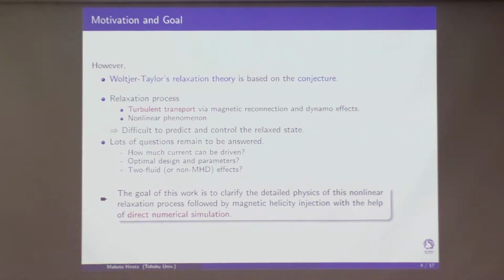And if you look at the detailed relaxation process, this involves so-called magnetic reconnection and the dynamo effect. This is a very complicated nonlinear process, formally called turbulent transport, but there is no established theory which explains this turbulent transport. So it is difficult to predict and control this relaxed state.